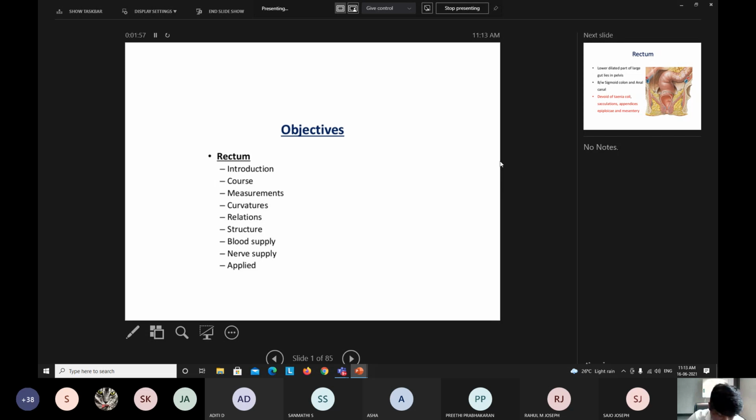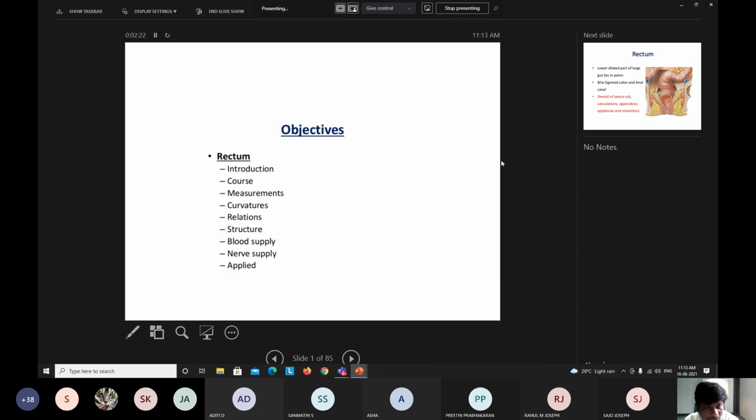So you should have knowledge about the anatomy of the anal canal. In the 2015 batch, they got the long question on the anal canal. Sometimes it may come to your batch also.